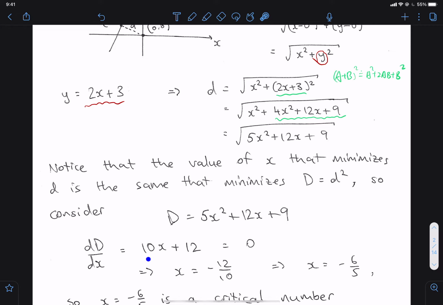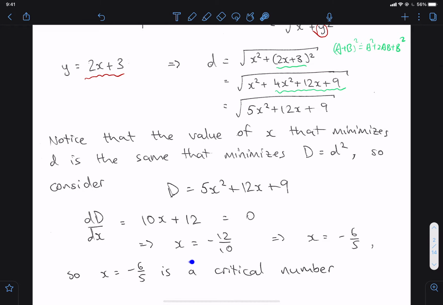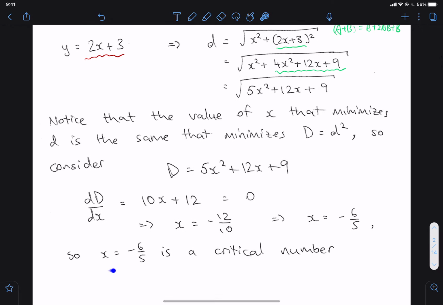This becomes 10x plus 12, and then we let the derivative equal 0 and solve it. We have x equal to negative 12 divided by 10, which simplifies to x equal to negative 6 over 5.